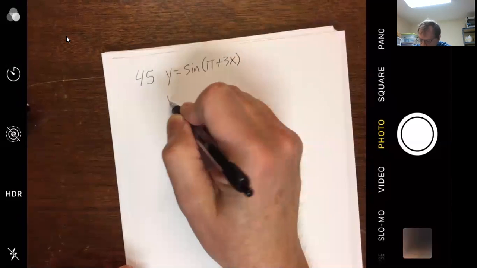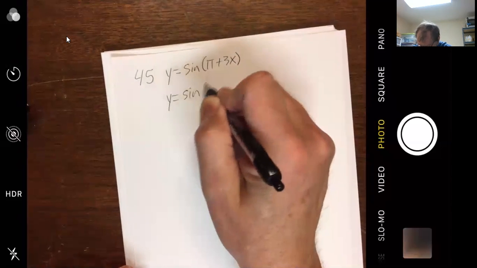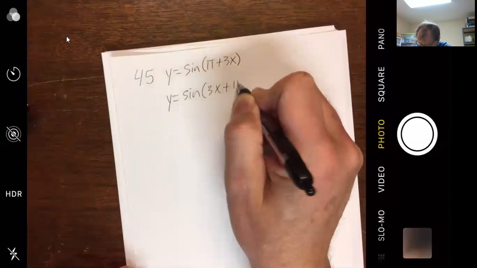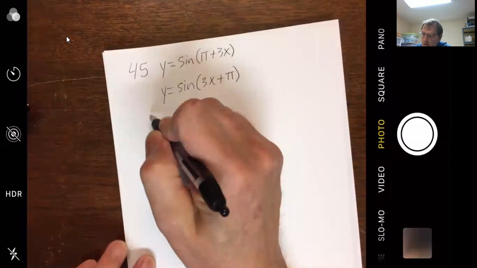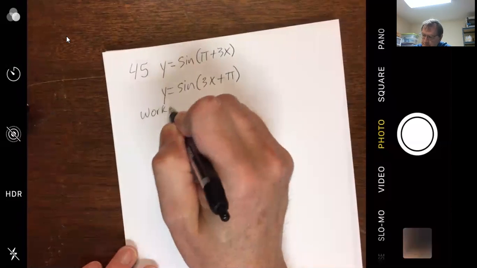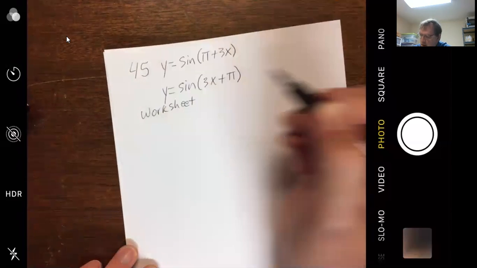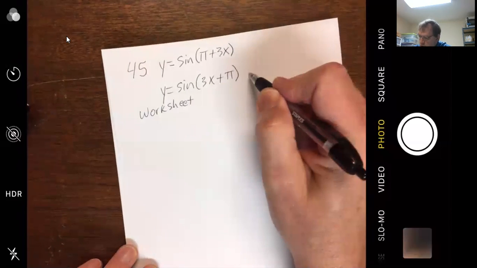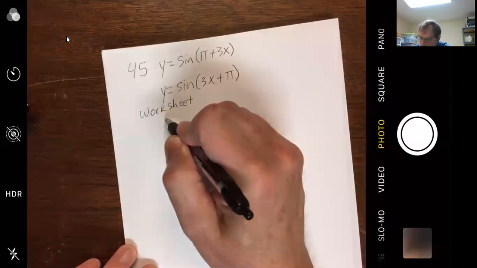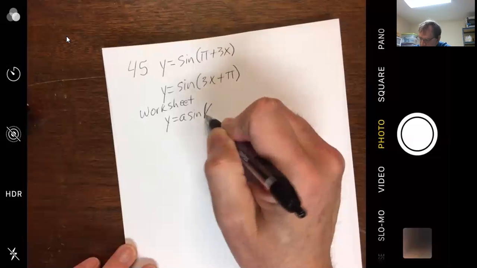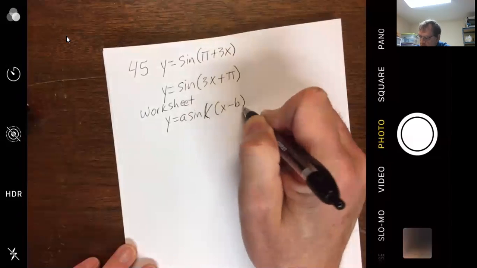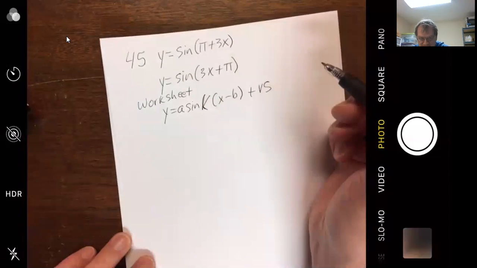All right, let's switch it around and write it sine 3x plus pi. All right, and again, the worksheet. Or we can compare it to y equals a sine of k, and then x minus b, add your vertical shift.